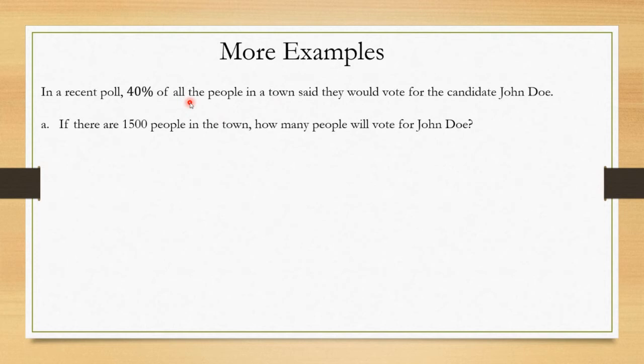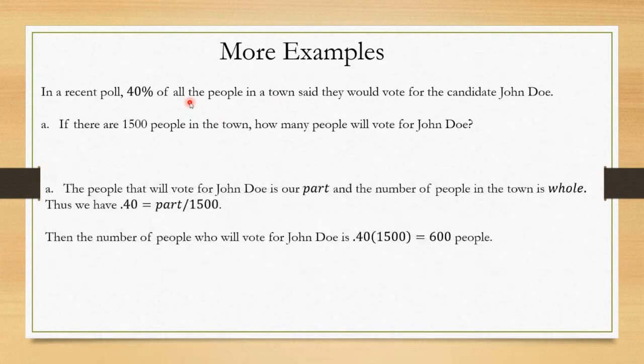Okay, well, how many people are going to vote for him? We can calculate that. That's what I'm doing here. I know the fraction's written a little strange here. Namely, we have part over 1,500 is how it's written. It's not like one directly over the other, but it's still a fraction.